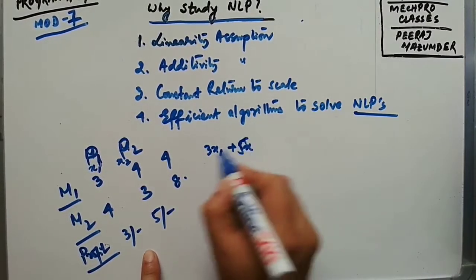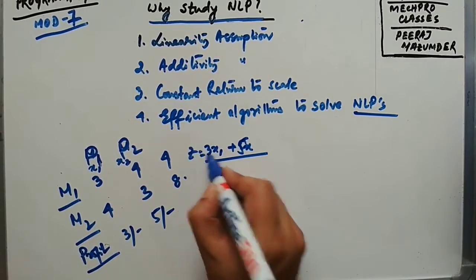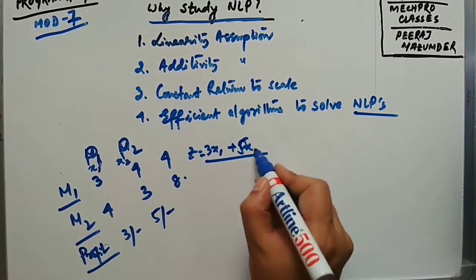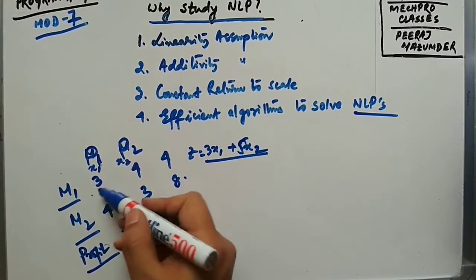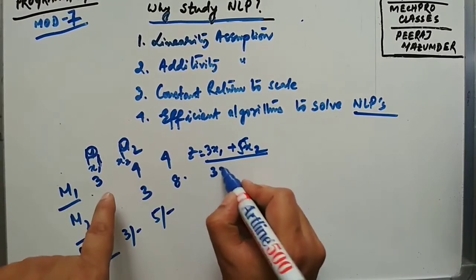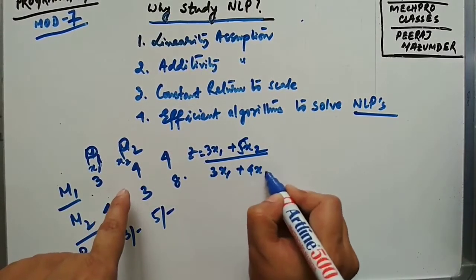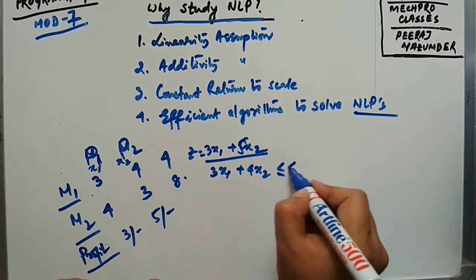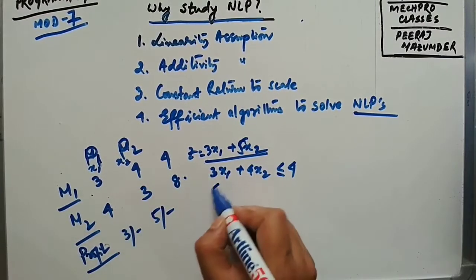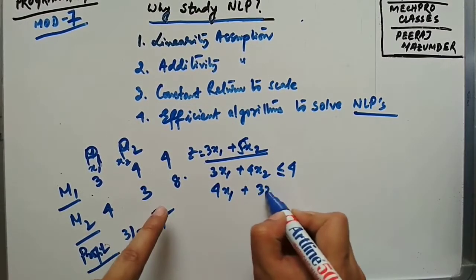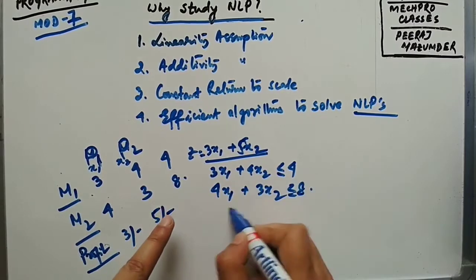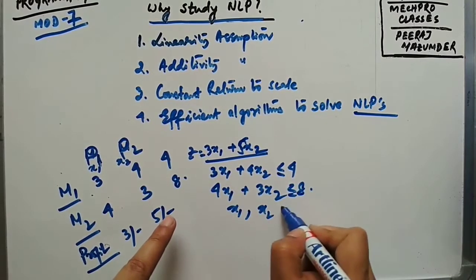We simply add the total profit, 3x1 plus 5x2. And for the constraints, we simply write 3x1 plus 4x2 less than or equal to 4, and for this one, 4x1 plus 3x2 less than or equal to 8, and x1, x2 greater than or equal to 0.